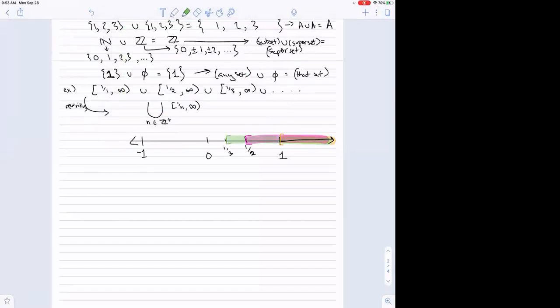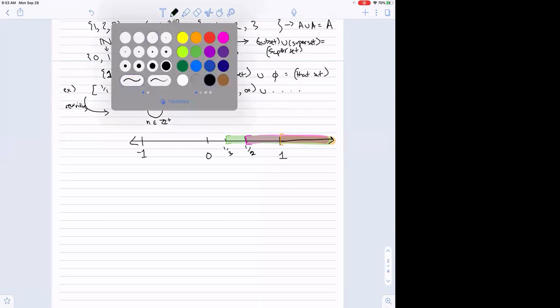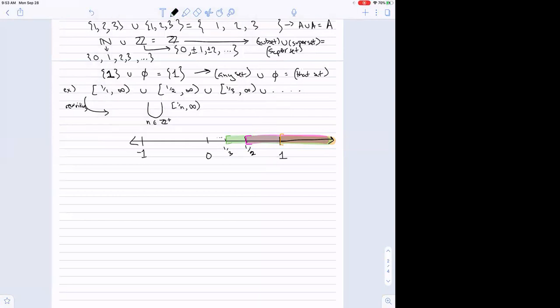All right, so we're taking the unions of all of these intervals, and we want to know what the union should be. And this goes on, so it keeps going, you have 1/4 to infinity, 1/5 to infinity. I just don't want to draw all of it, and I also can't.